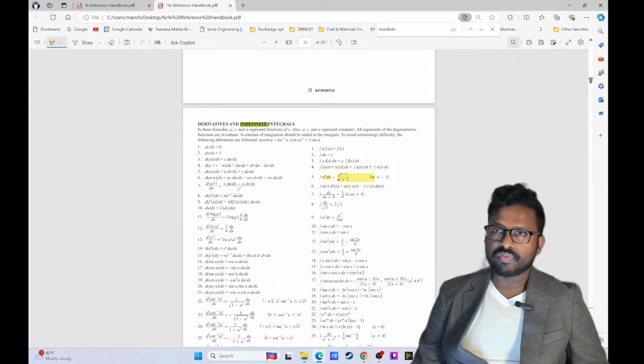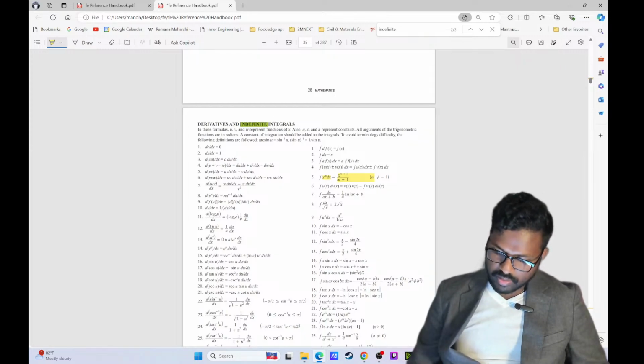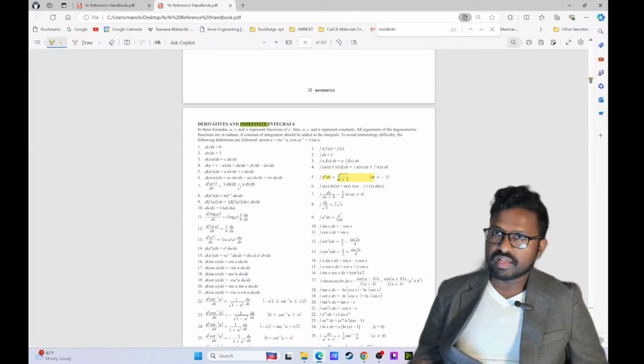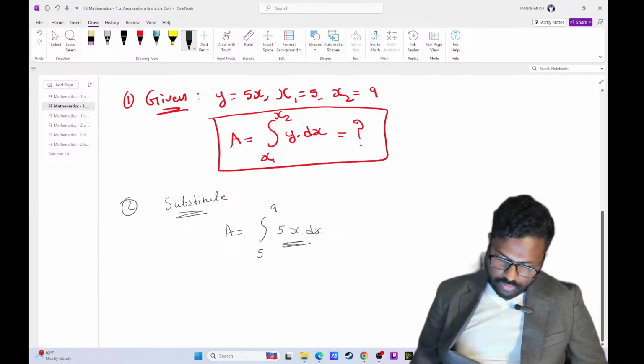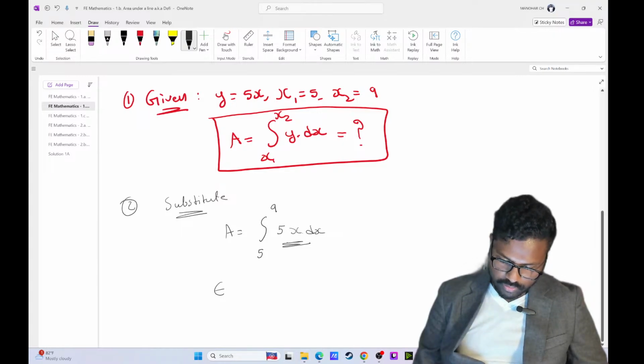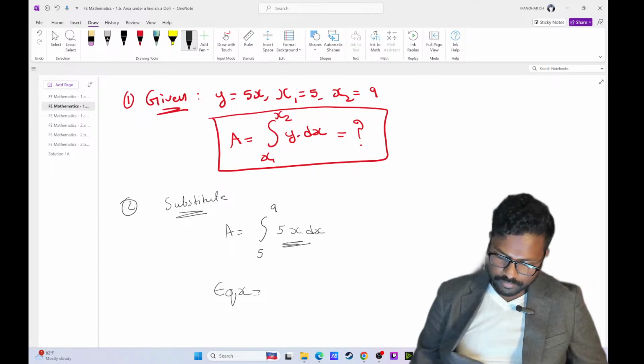In our case, we are trying to find the integral of x, so the m value is 1. Let's write down this equation from the reference manual: integral of x power m dx is equal to x power m plus 1 by m plus 1.